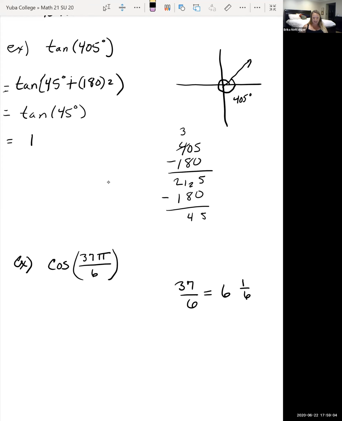So remember, this is the same thing as addition. And so we can think of this 37 pi over 6 as 6 pi plus 1 pi over 6. You can check it. Common denominators, this is 36 pi over 6 plus pi over 6 is 37 pi over 6.